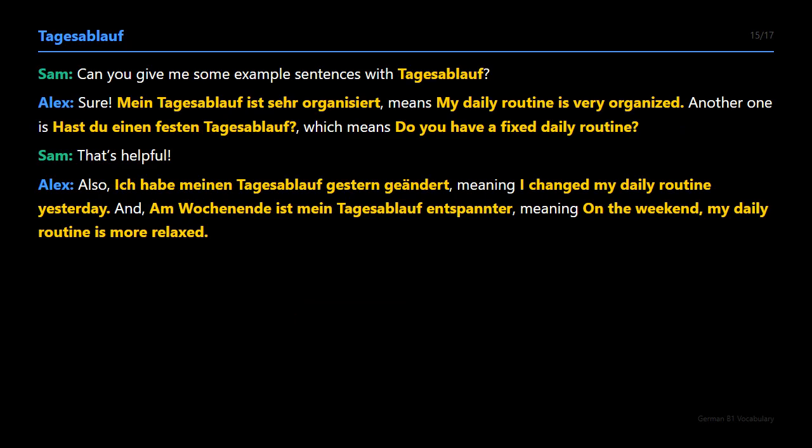Can you give me some example sentences with Tagesablauf? Sure. Mein Tagesablauf ist sehr organisiert means, my daily routine is very organized. Another one is, Hast du einen festen Tagesablauf? Which means, do you have a fixed daily routine?